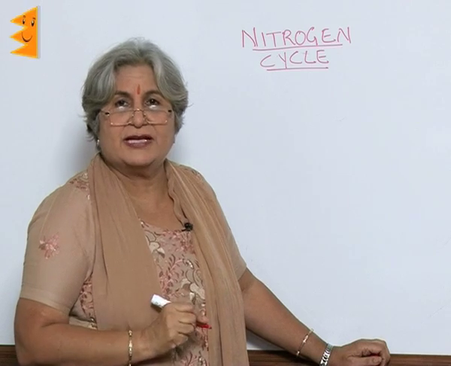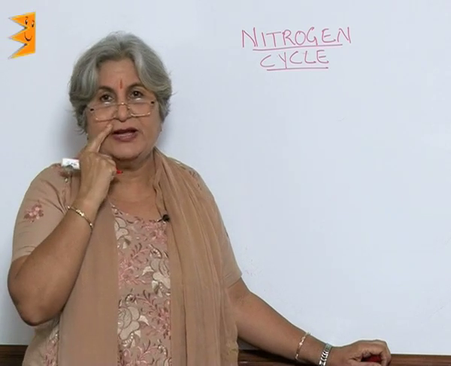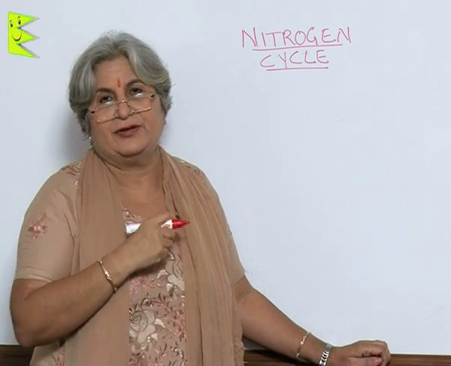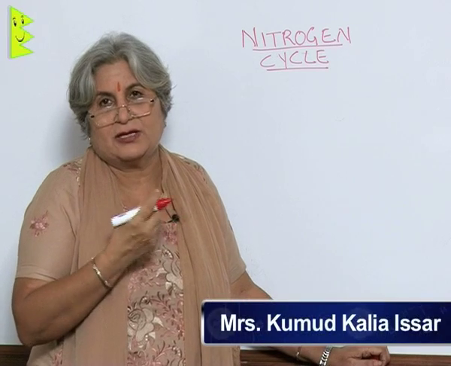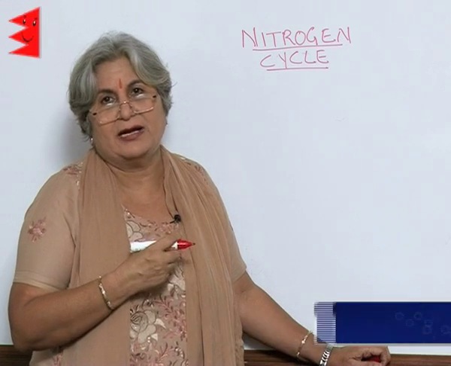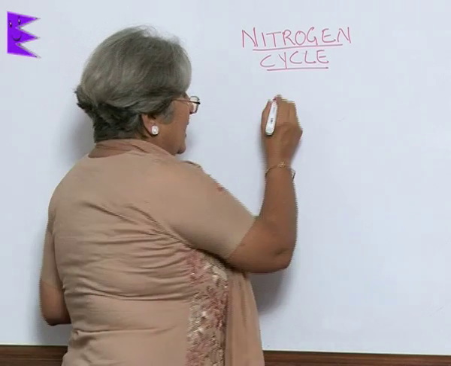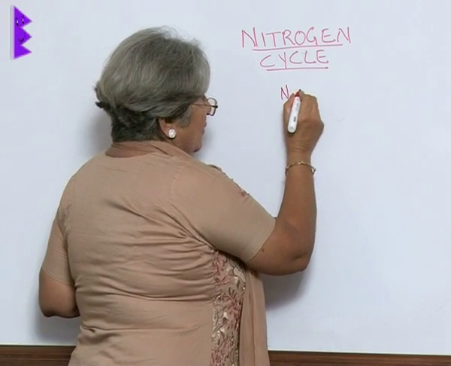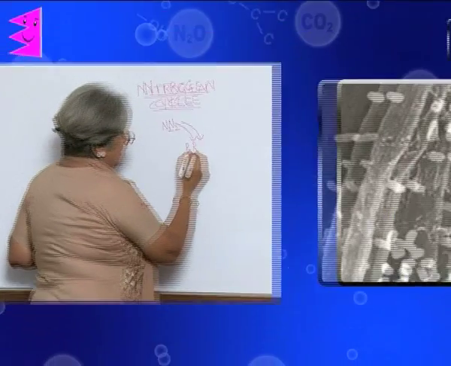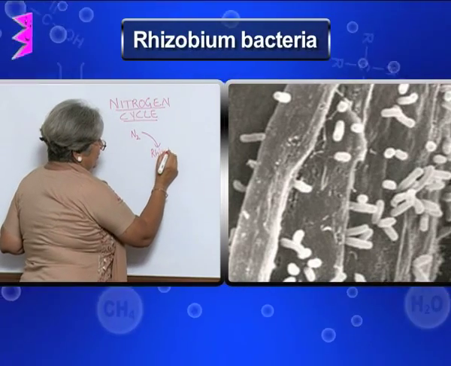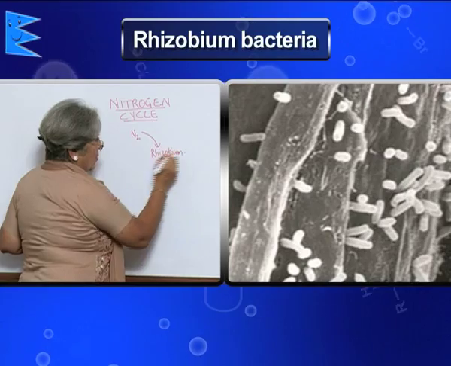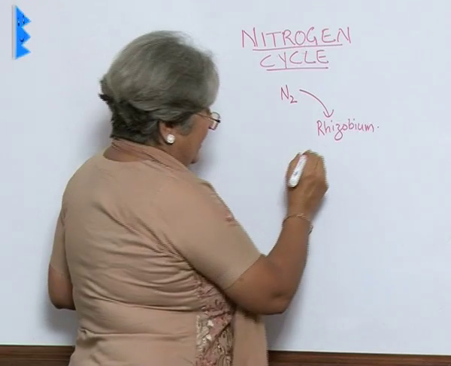Now, nitrogen is one component of air which living beings cannot directly utilize. Human beings or other plants and animals cannot directly utilize nitrogen. However, there is one organism called rhizobium bacteria or the blue green algae.